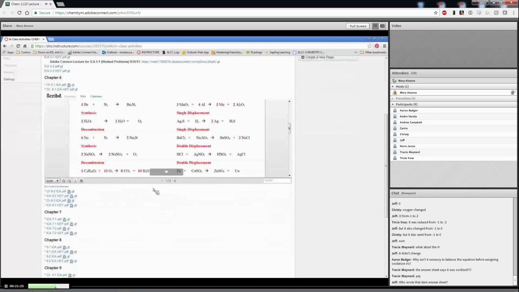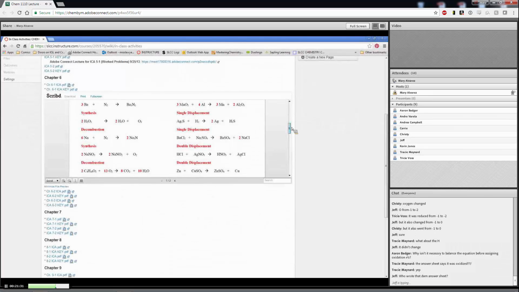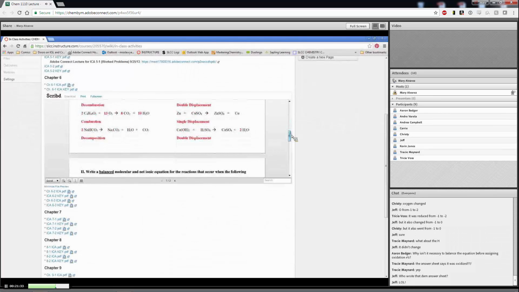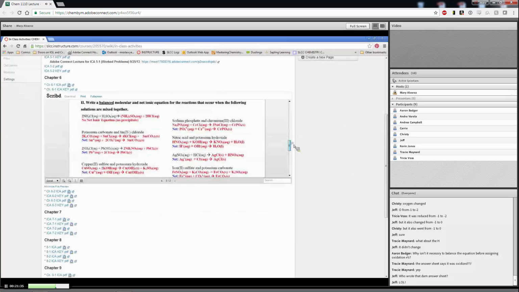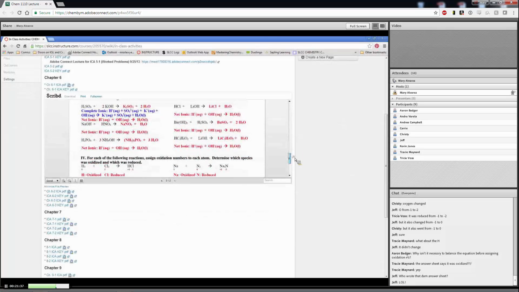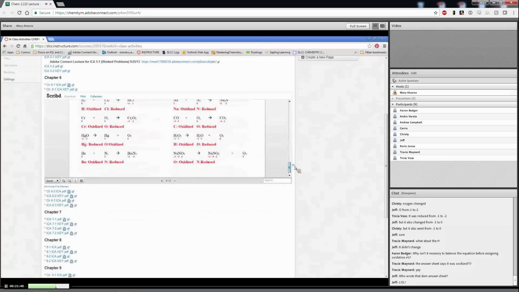Who wrote that darn answer sheet? The same person that said decombustion instead of decomposition. Apparently, maybe I wasn't feeling very well when I wrote this answer sheet. So, look at that. That's terrible. And I have the numbers perfectly correct.